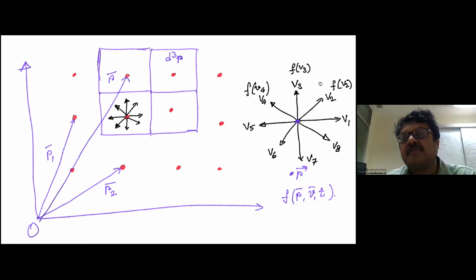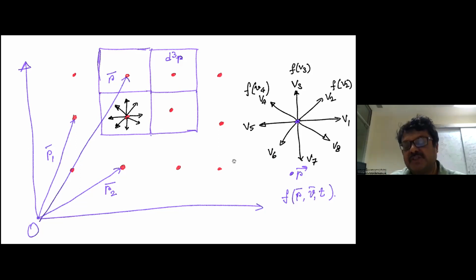Here f is also non-equilibrium. We are not considering equilibrium, so it could have deviations from equilibrium. In fact, that's what we are trying to figure out: how would a system relax towards equilibrium. Similarly, f3 is the number of particles moving with velocity v3 at r.